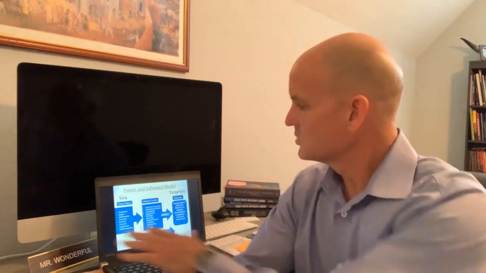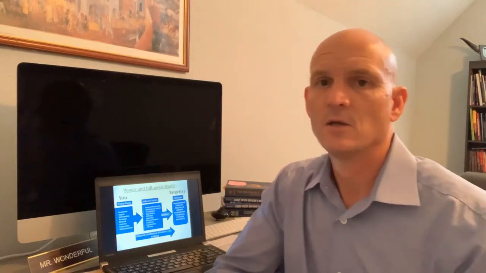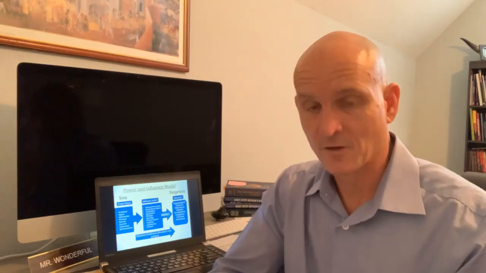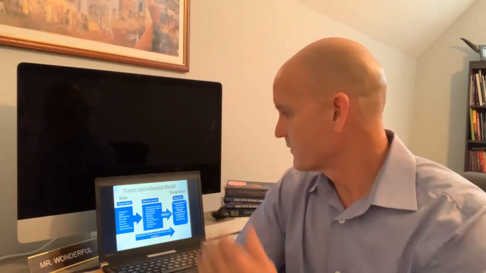Okay. So as you can see, you've got your power bases, but if you consider that the potential energy you've got to influence things, then you've got to convert that potential energy into kinetic energy, right, and make things happen. So we do that through a thing called influence tactics. And you've probably been using all these at some point in your career. You probably just don't know what they've been called, theoretically, but I think it's important for you to understand what they are.